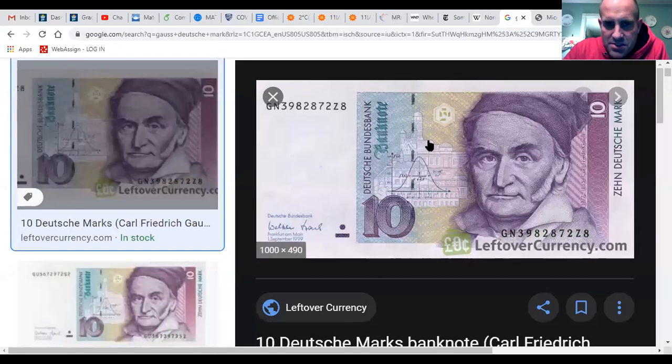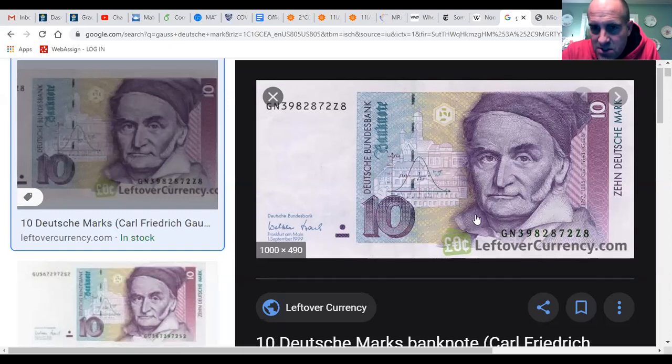In fact, if you look at the old German Deutschmark, the 10 Deutschmark denomination, of course, now they have the euro as their currency, so this was pre-euro currency. But you look right here. See right here? You have a nice bell-shaped curve right there. And this is C.F. Gauss right here.